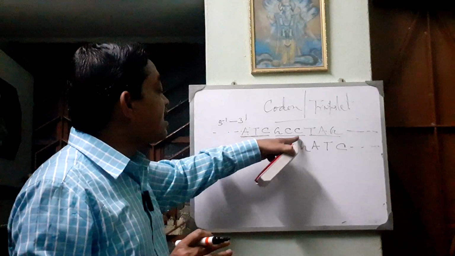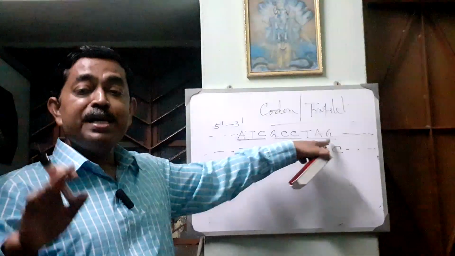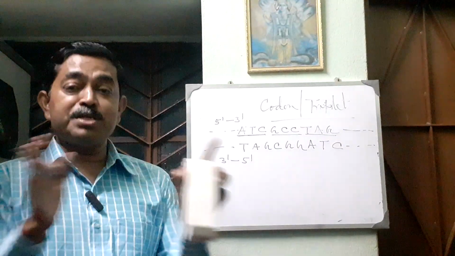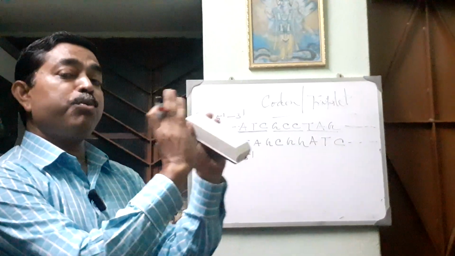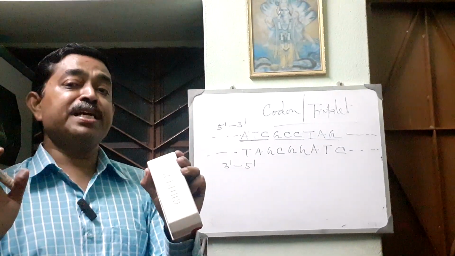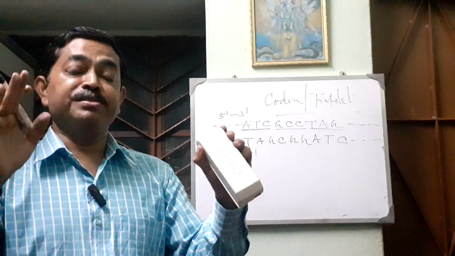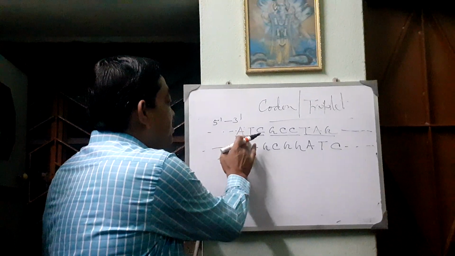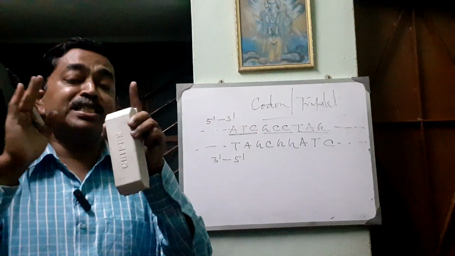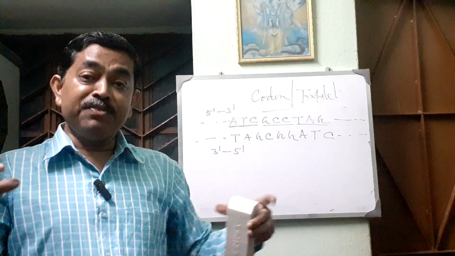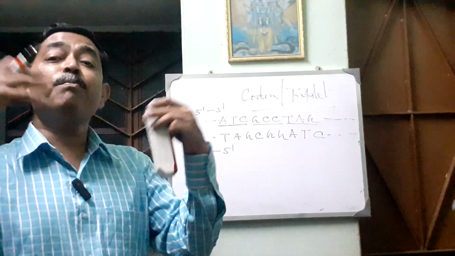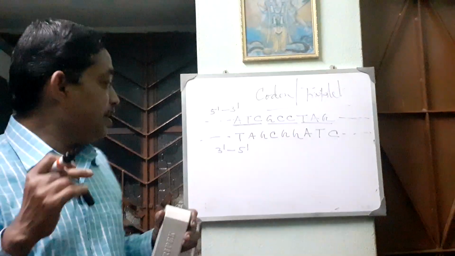This is the sense strand for one protein, and this is the sense strand for another protein. They will be separated and guide the production of messenger RNA for protein production. They specify the amino acids, and then amino acids are combined with each other by peptide bonds to produce the protein.